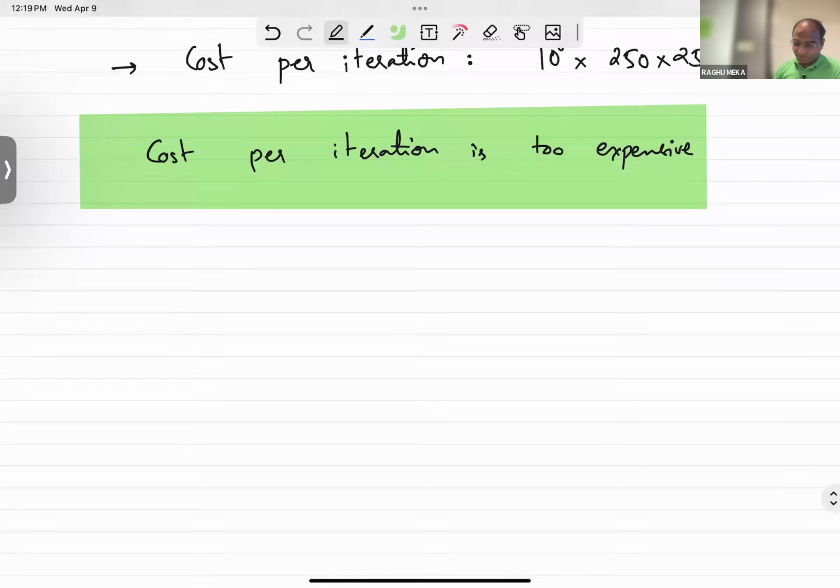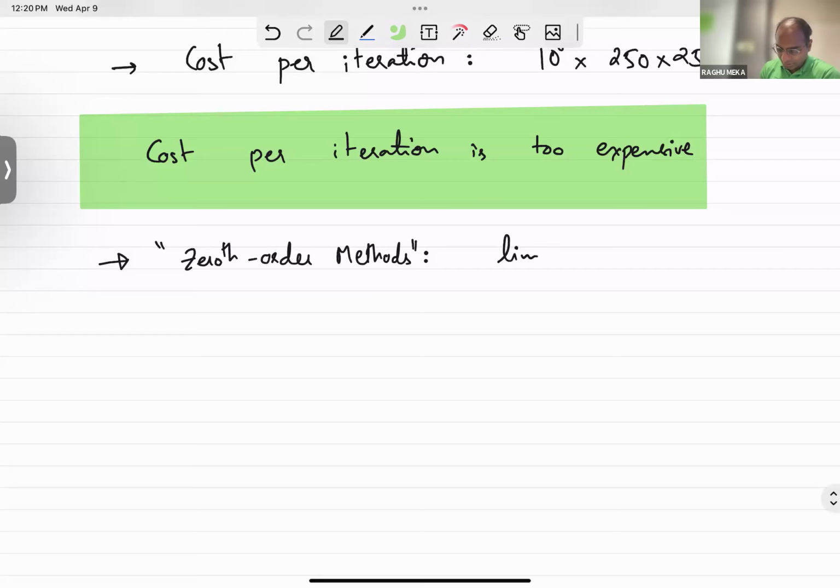That's a good suggestion. In fact, people do that in some cases. Those are called zeroth order methods. First order methods meant I'm assuming I can compute the gradient, right? And the suggestion is, the gradient is defined as a limit.